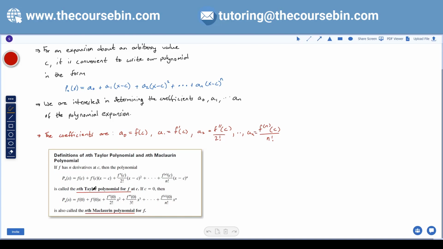And that's called the Taylor polynomial. The Taylor polynomial, you can center it wherever you like. The Maclaurin polynomial is just the case of the Taylor polynomial when you center at 0. So you set c to be equal to 0. And that gives you your Maclaurin polynomial.